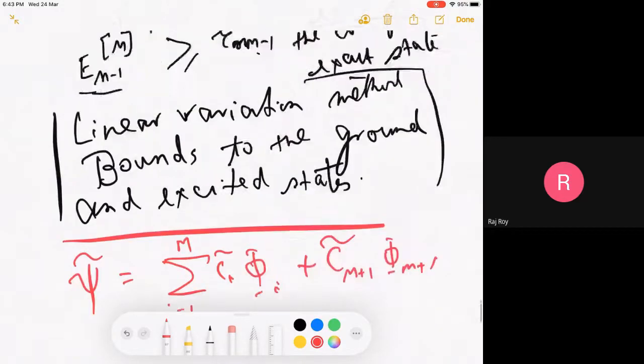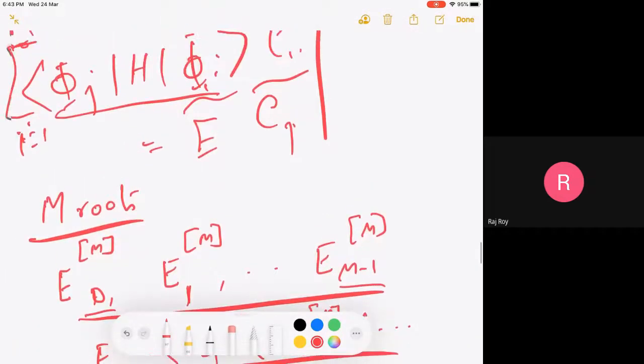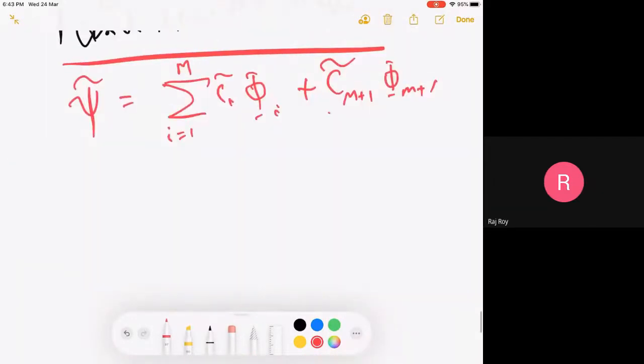These coefficients are first obtained by the eigenvalue equation, if you remember. Now I have added a new function with a coefficient C. I have to do another variation theorem for everything. So now my problem is m plus 1 dimension. I hope you understand.